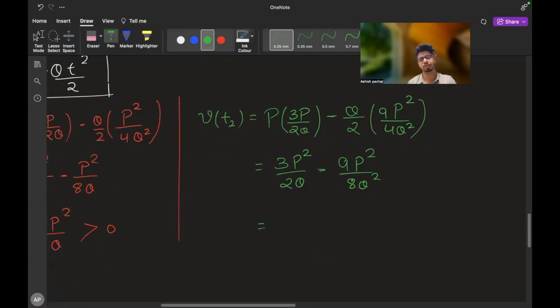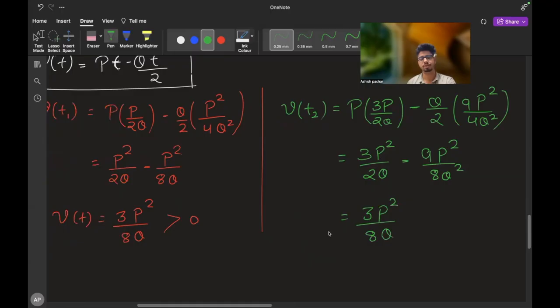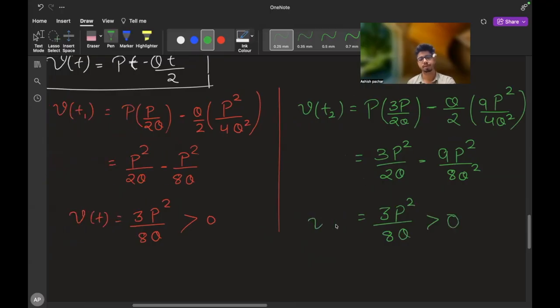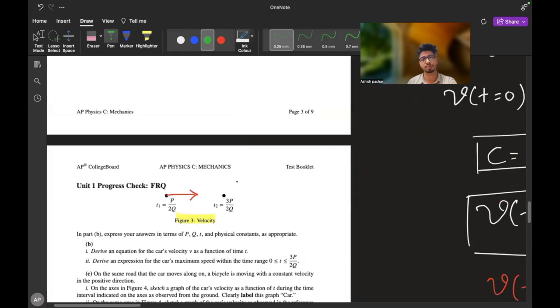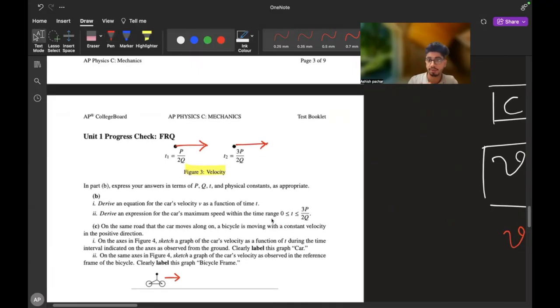So this is 12, 12, 3. So 3p square by 8q, sorry. So this again comes out to be the same, the same direction. It is positive, this is also positive, so both the points. So the arrow you have to show at this time, the velocity direction is towards the positive one. So this is the first part of the question that we have done.